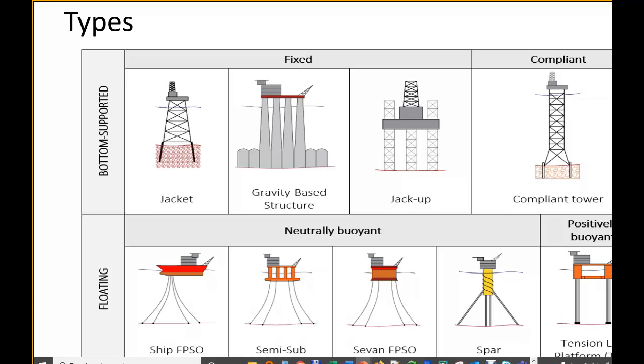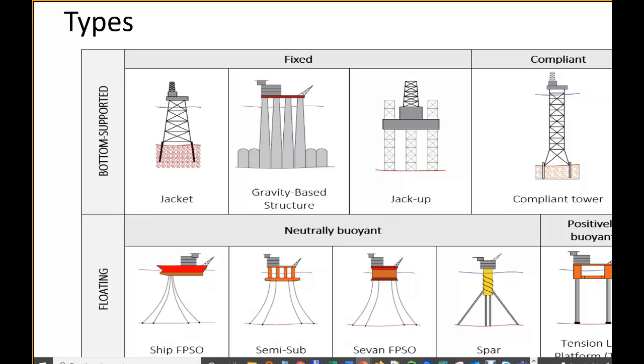But still, the movement is quite limited, or quite moderate, compared to the floating structure. There are some examples, mostly in the Gulf of Mexico, where this is used, and it's simply a way to expand the depth to which a jacket can go. Most of the bottom supported ones have no movement at all. At the top side, these have some movement, but it's really very, very limited.